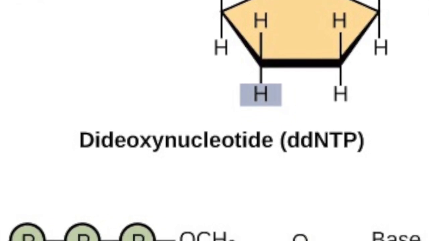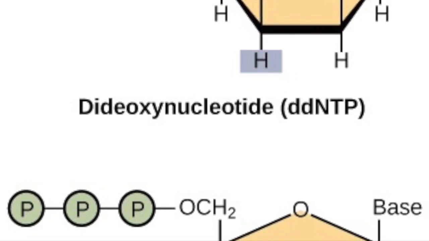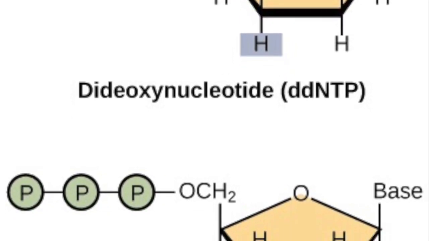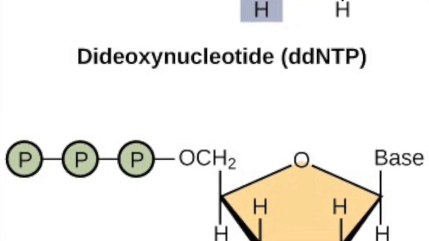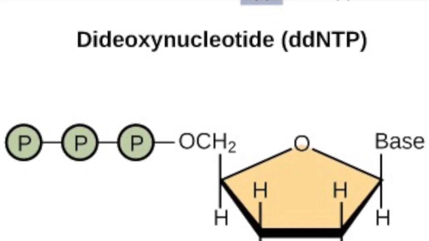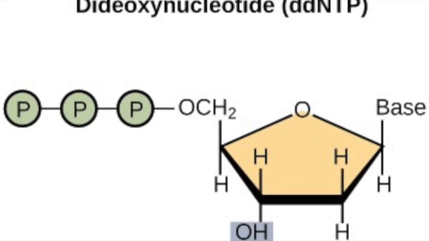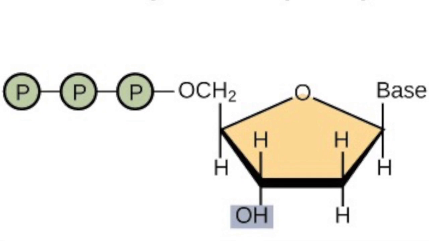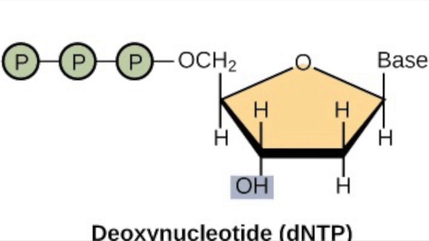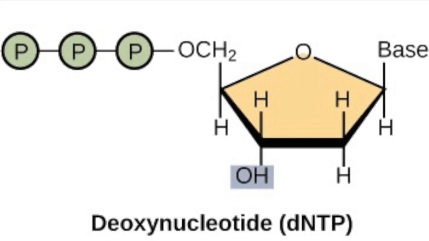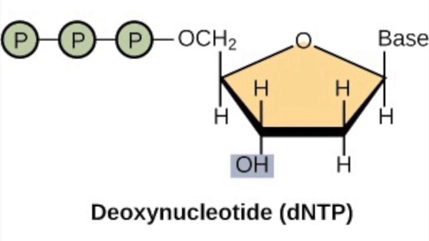They include a DNA polymerase enzyme, a primer, which is a short piece of single-stranded DNA that binds to the template DNA and acts as a starter for the polymerase, the 4 DNA nucleotides, which are dATP, dTTP, dCTP, and dGTP, and the template DNA to be sequenced. However, a Sanger sequencing reaction also contains a unique ingredient: dideoxy or chain-terminating versions of all 4 nucleotides, each labeled with a different color of dye.